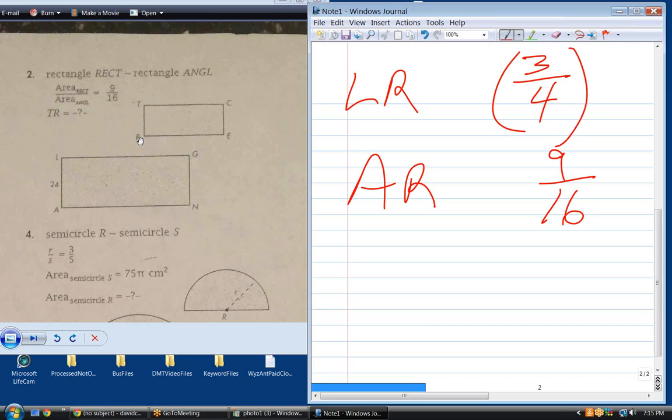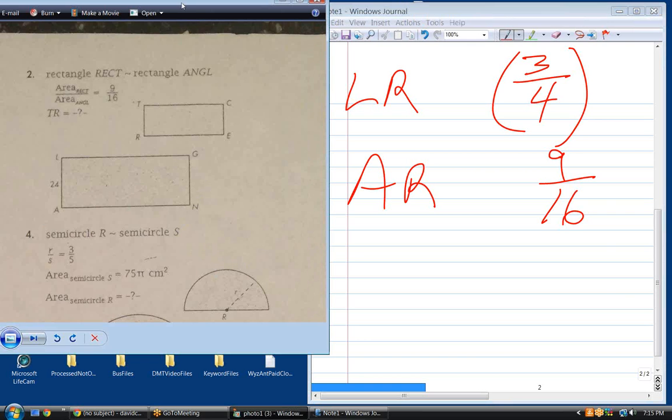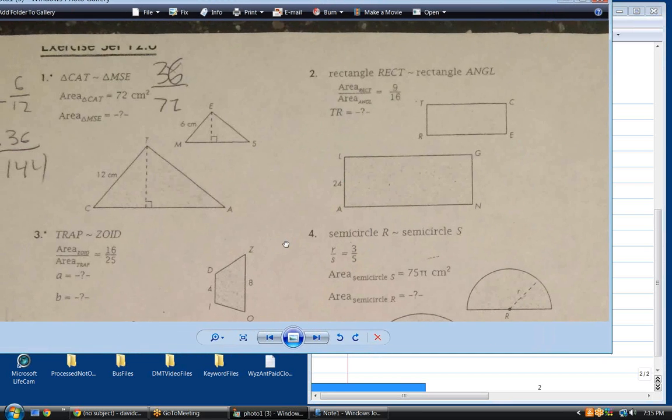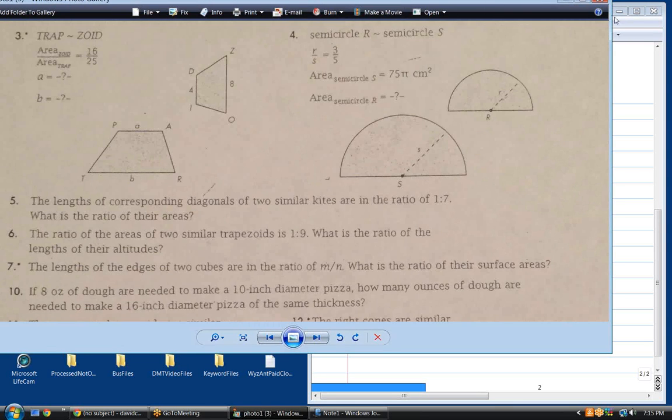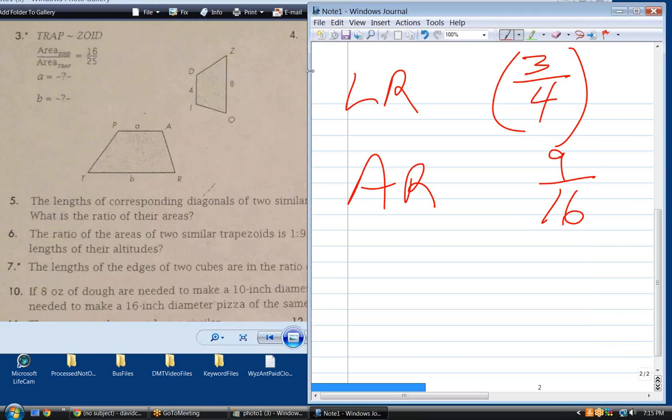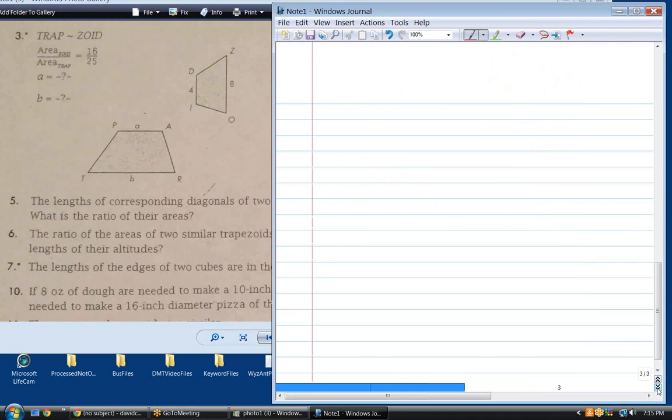Wait, so the linear of the big one. So the little one is 3/4 of the big one. Hold on, 4, 6, 18. Good. Doesn't matter the geometry shape.